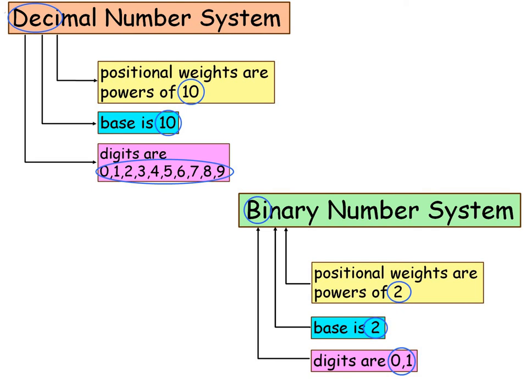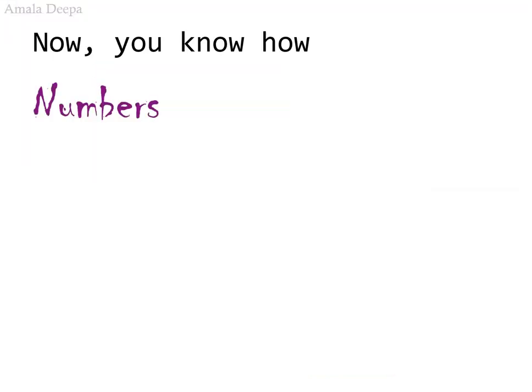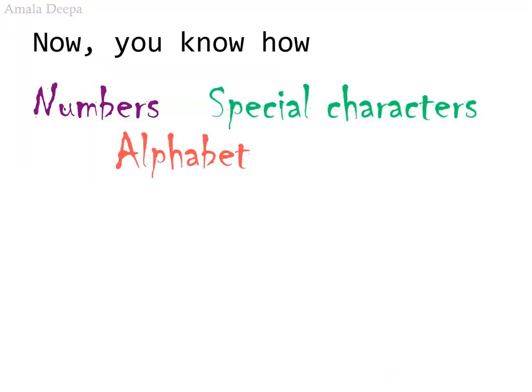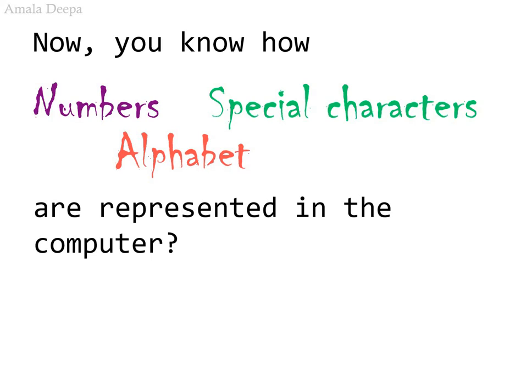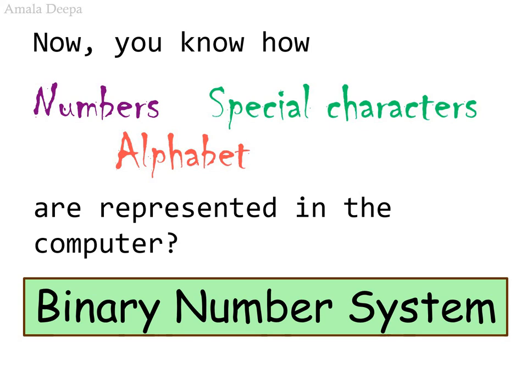In binary number system, the positional weights of the digits are powers of 2, base is 2, and the digits are 0 and 1, that is only 2 digits. Now you know how numbers, alphabets, and special characters are represented in the computer by using binary number system.